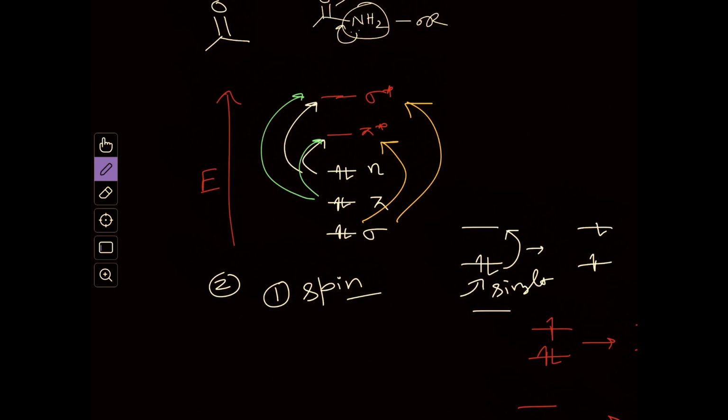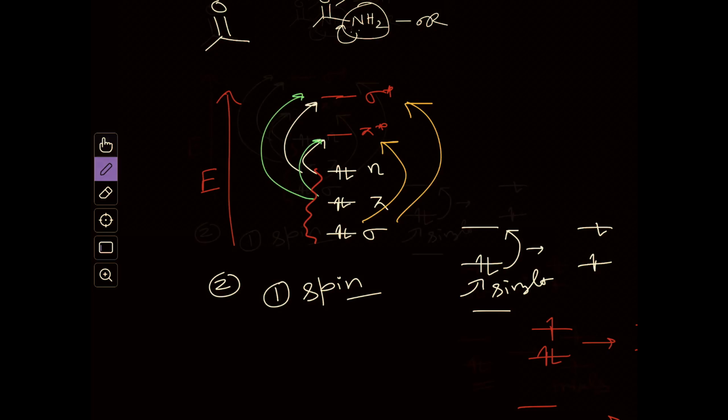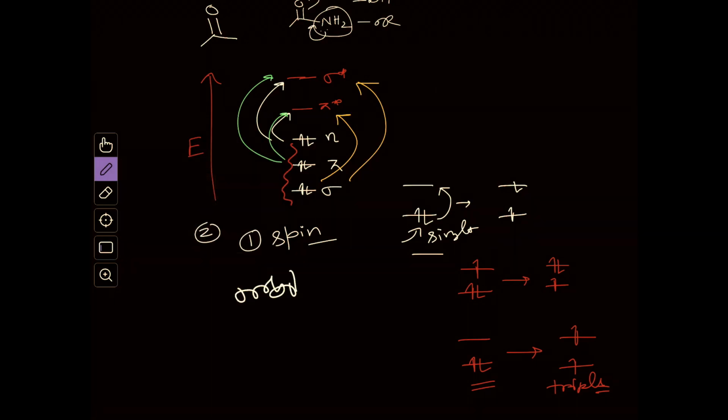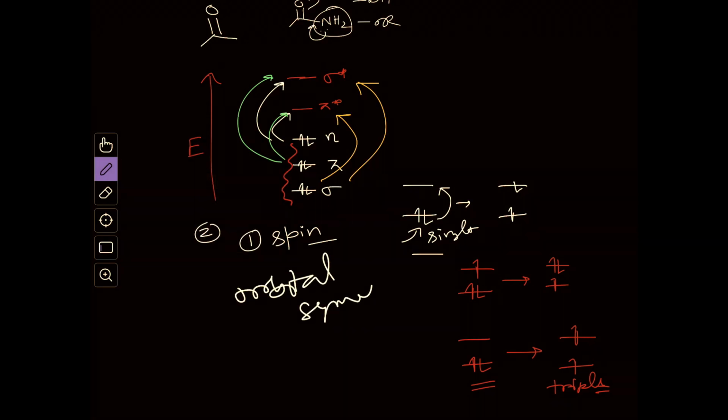Now if you look at this arrangement, in all these cases the selection rule will be the same and it is spin allowed. So all of these transitions from sigma, pi or n to pi star or sigma star are spin allowed. Now let us talk about the second selection rule, which is the orbital symmetry selection rule, or symmetry selection rule.